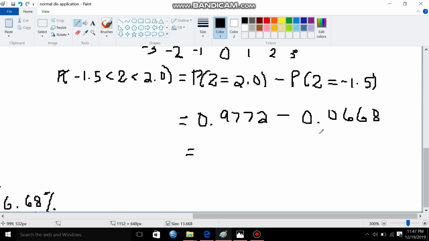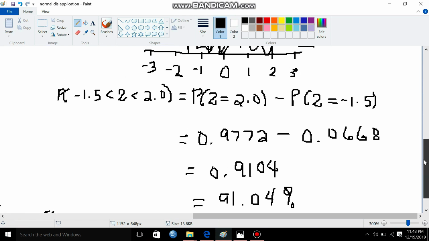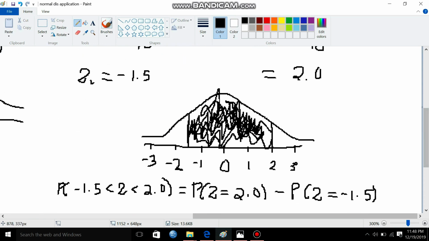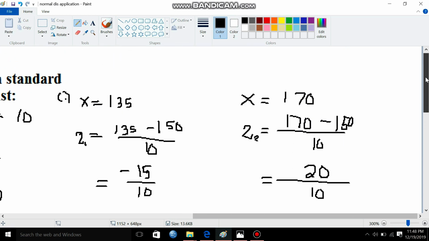Then subtracting the two probabilities will give us a value of 0.9104, or in percent, 91.04%. So the 91.04% confirms that the probability is large, based on the graph and the calculation.